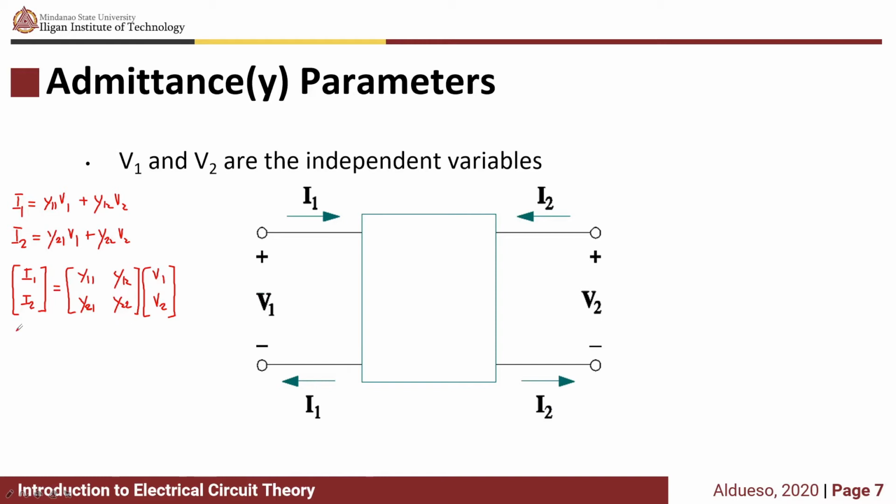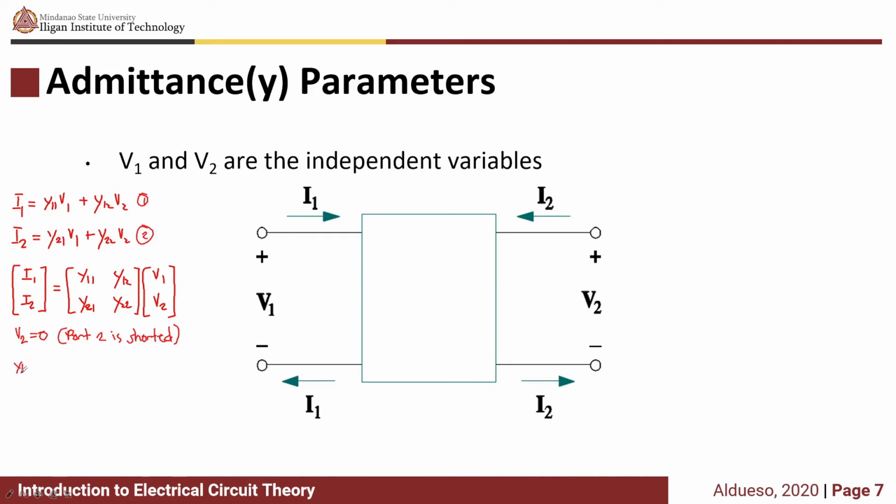If port 2 is shorted, meaning our v2 equal to 0, looking at equations 1 and 2, we can solve for y11 and y21.